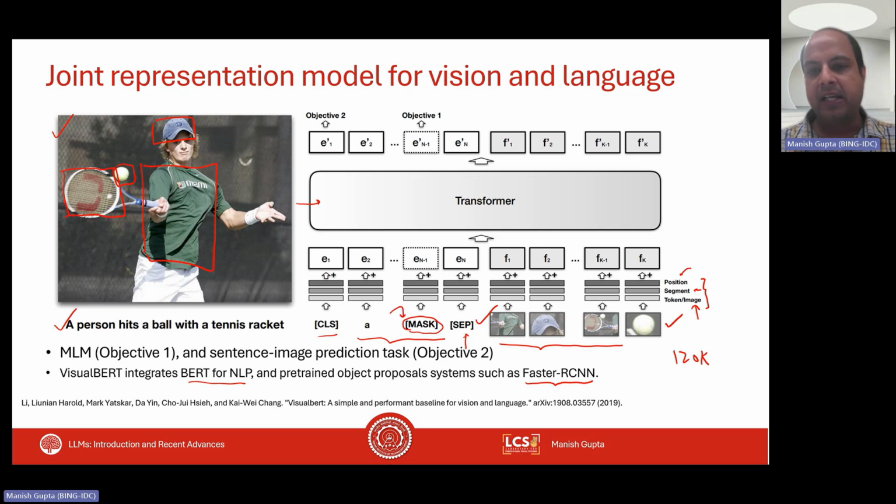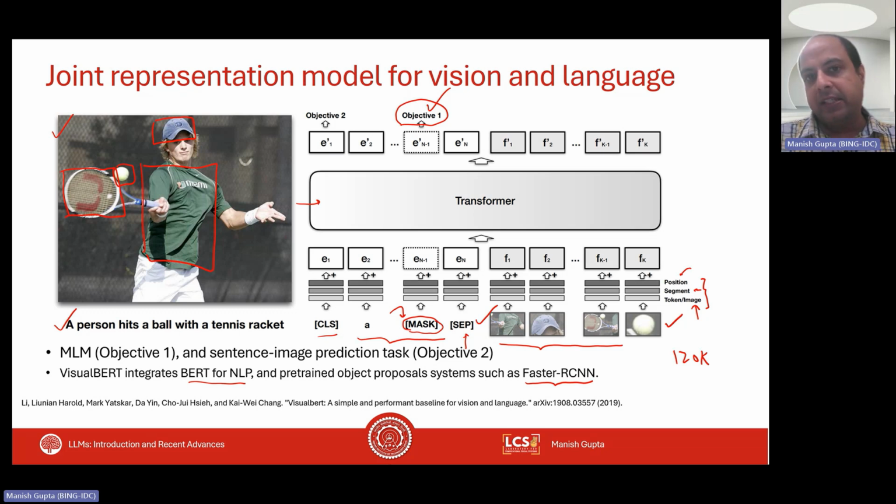And the idea is that just like in BERT, masked language modeling aims to predict the masked word at the output at the same position by leveraging knowledge from other, unmasked tokens. In the same way, in Visual BERT, the idea is that at the same position, the model should be able to guess the hidden word or the masked word, by leveraging knowledge from the unmasked text words, and also, of course, all the image tokens, because none of the image tokens are masked.